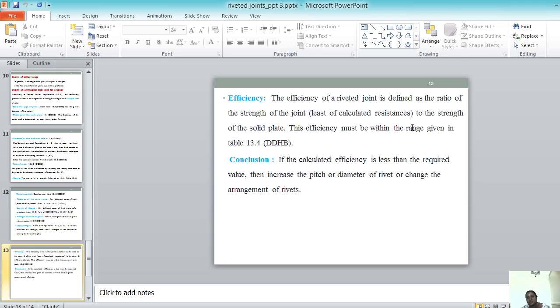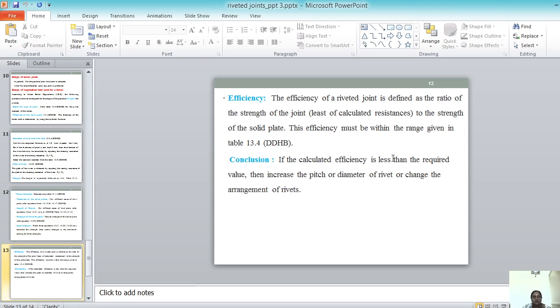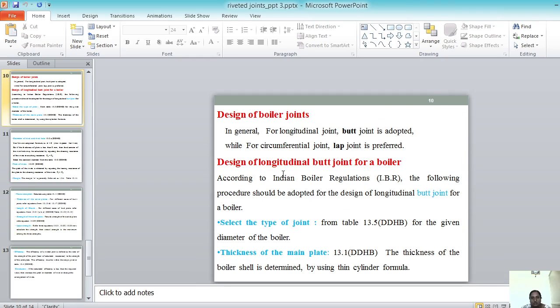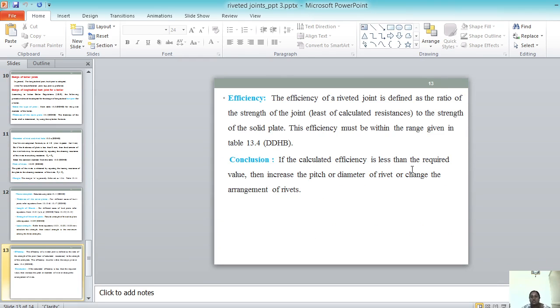Then the efficiency range will be given; the range is taken from the table. Finally, the efficiency is written. Thus, the design of this longitudinal butt joint is finished out of these 10 different procedures. These procedures need to be followed while solving the problem. Then the design of a longitudinal butt joint for a boiler will be done.